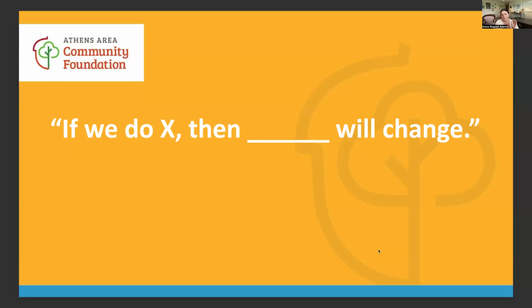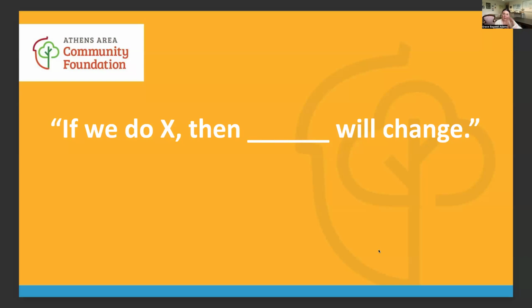We would not expect a series of nutritional workshops to change an obesity rate in a community overnight, but we might expect over time that participants who have received meaningful nutrition education change their knowledge on nutrition. The knowledge change then shifts to a behavior change in terms of the food choices they make, and over time we might then see changes in health outcomes as a function of those behavior changes.